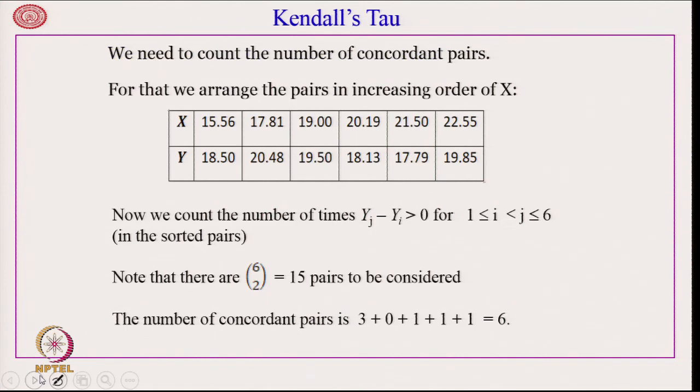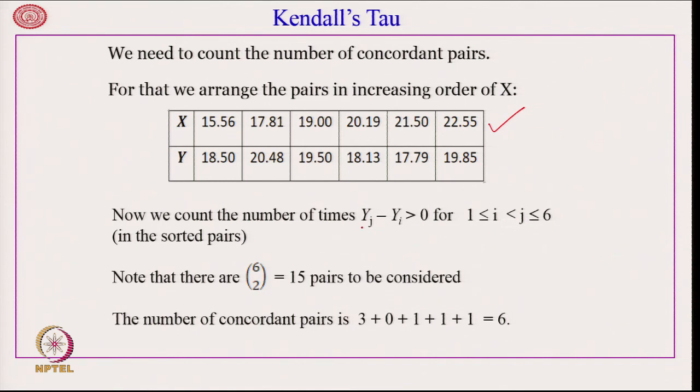So, let us first discuss Kendall's tau. We need to count the number of concordant pairs. For that, we first arrange the pairs in increasing order of x. So, you can see that 15.56, 17.81, like that up to 22.55, and the y's are kept accordingly as per the pairs.